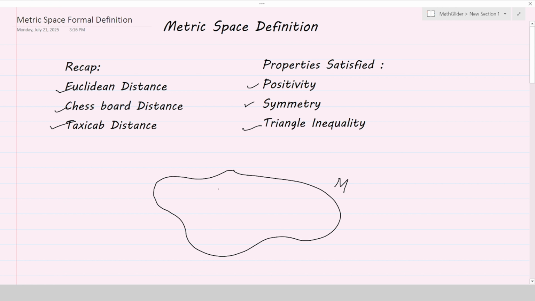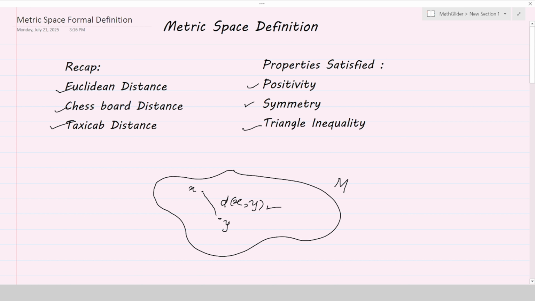Here it is not R2 or R; it can be any set we want. And we will take any two points, and we should be able to define a distance between any two points of this space satisfying some properties.